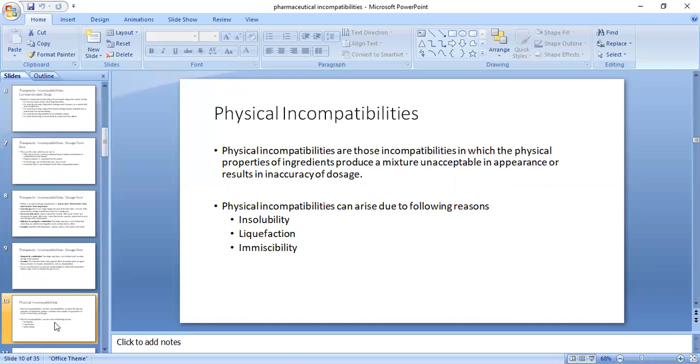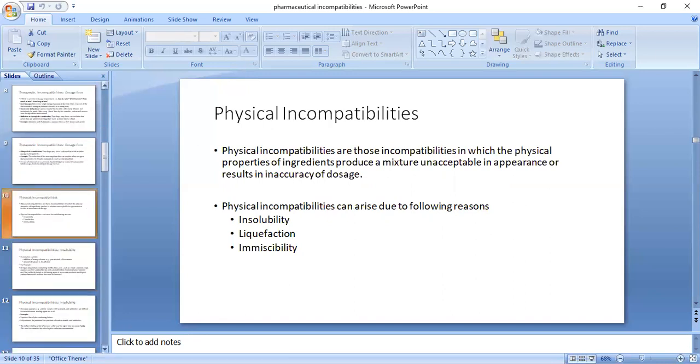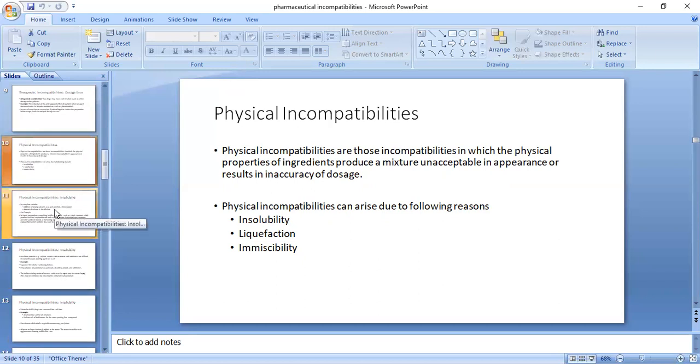These are three main points by which physical incompatibility can be detected: insolubility, liquefaction, immiscibility. These three points can be checked by the pharmacist.